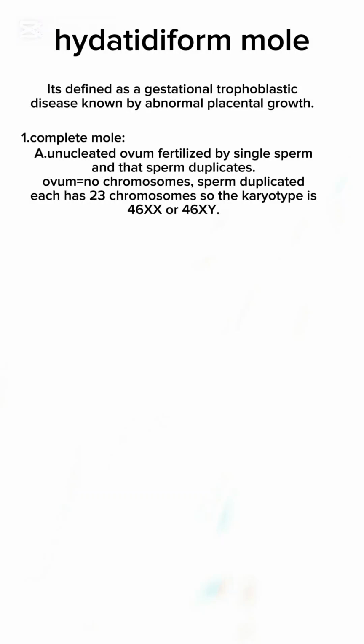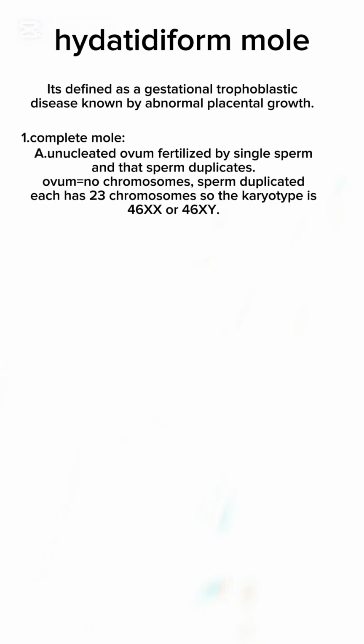The sperm has 23 chromosomes, which is a haploid set. That haploid set doubles and becomes 46 chromosomes. It's an abnormal fertilization. It leads to 46 chromosomes because the unnucleated ovum has zero chromosomes, but gets fertilized by a duplicated sperm chromosome set.